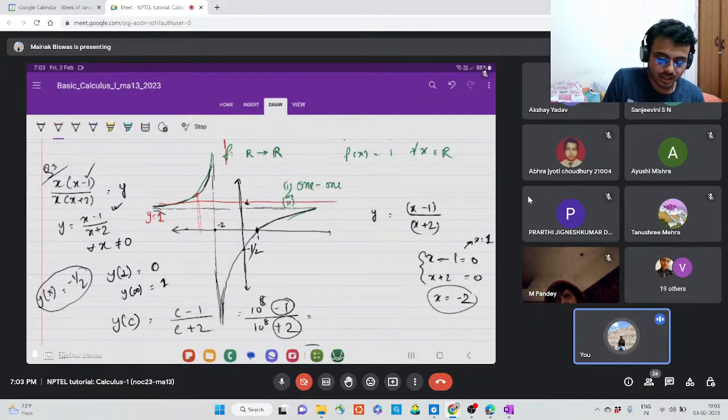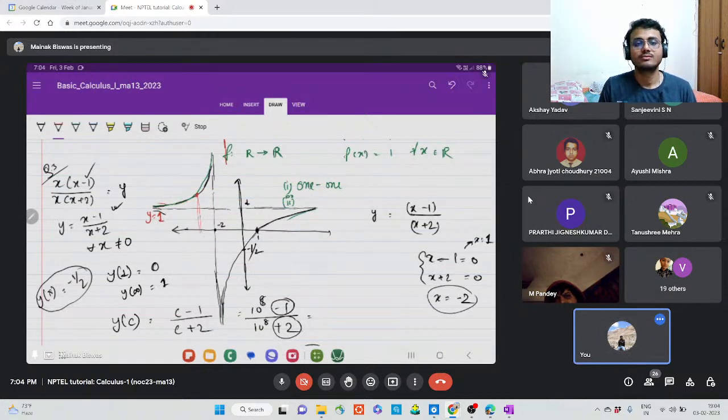So anyways, can anyone tell me a horizontal line that can cut at 2 points on this graph? Any horizontal line? Somebody told me that for every value of y there is only one x. So how do we see if for any value of y there are multiple x?